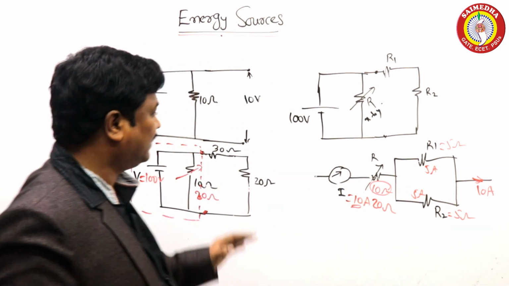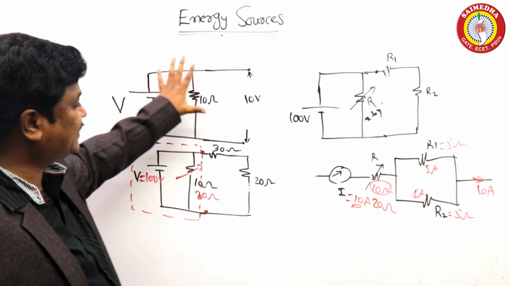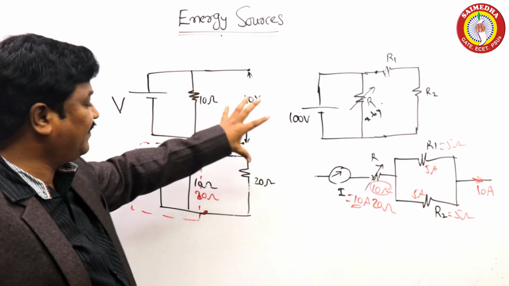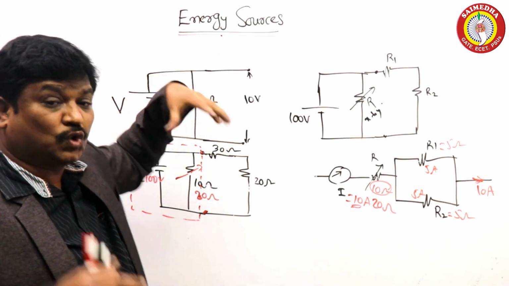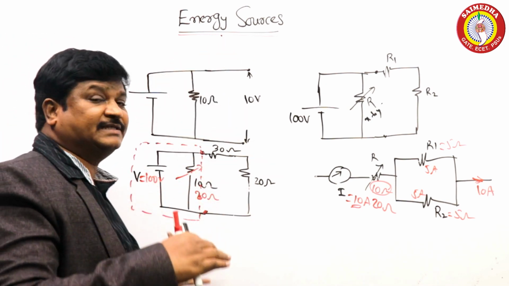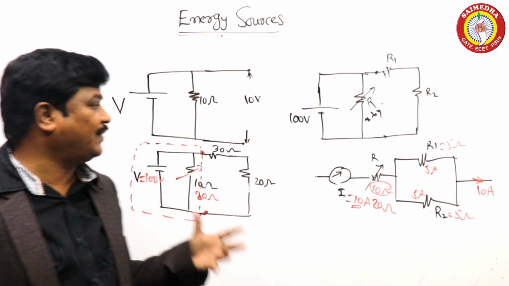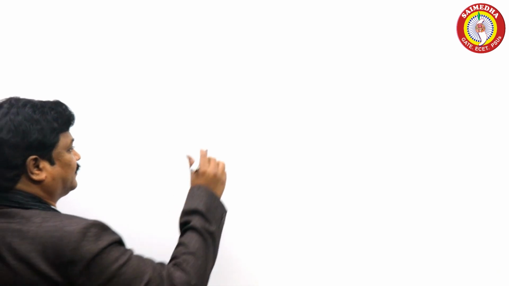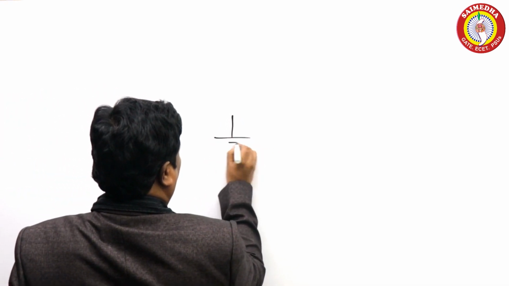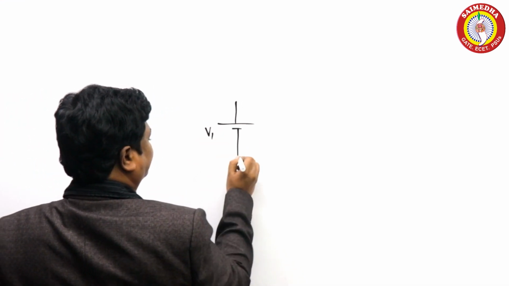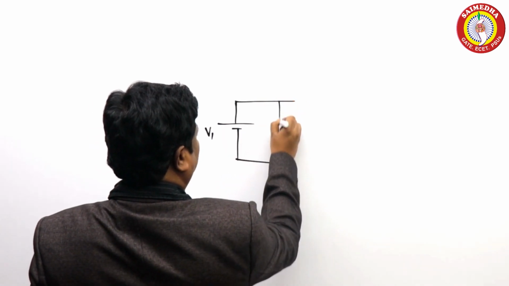Are you okay? Right. This is about the voltage sources, how different sources are there. Now, source connections. If they are connected in series and parallel, how the resultant should be connected, these things we have to talk. Suppose we have a voltage source of V1 and a voltage source of V2.